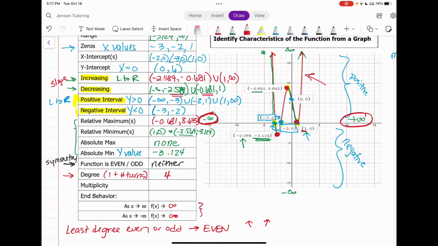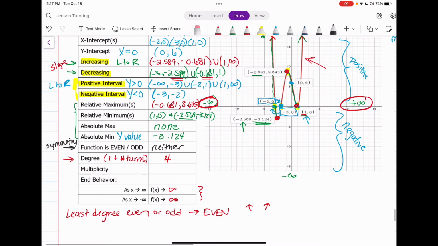One other thing that we might be asked, that we're not right here, but this is also a good time to ask: what is the sign of the leading coefficient? The sign of the leading coefficient is determined by what is happening on the rightmost side of the graph.